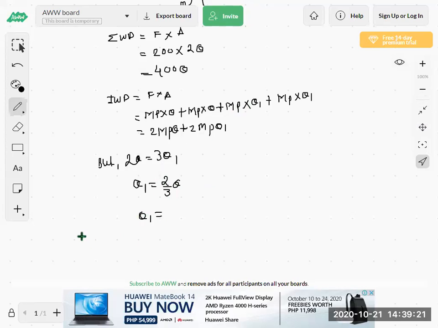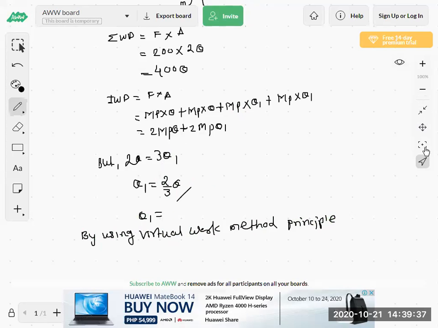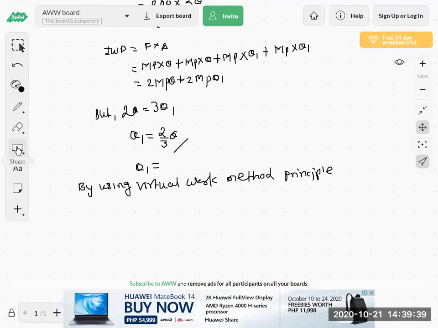Now by using virtual work method principle, external work done is equal to internal work done. So external work done is 400 theta and internal work done is 2 MP theta plus 2 MP theta 1.